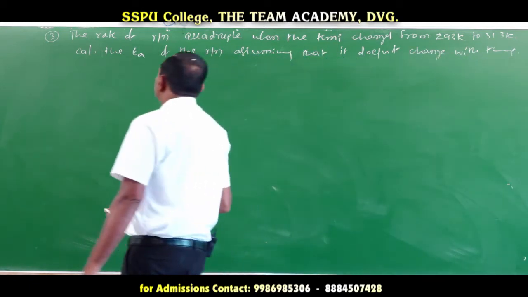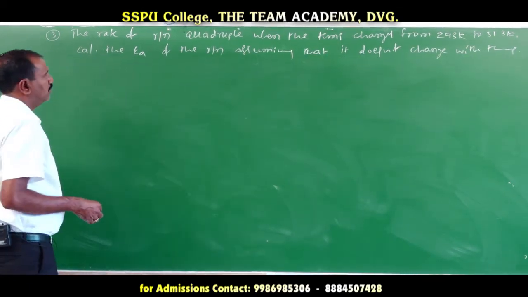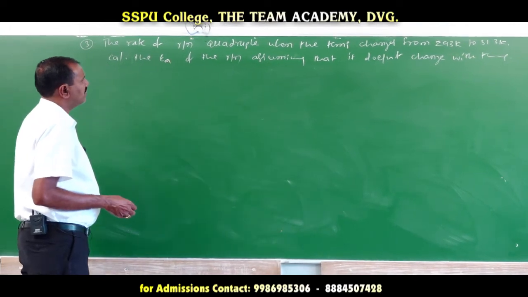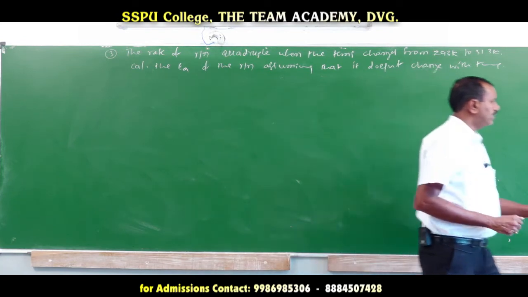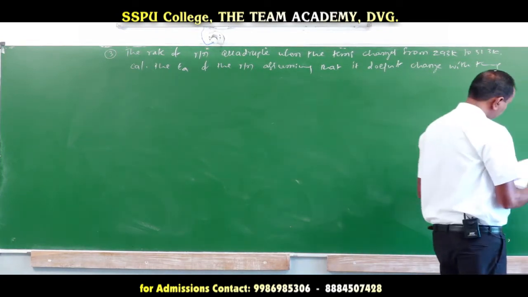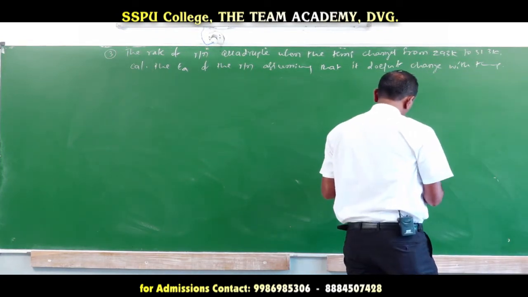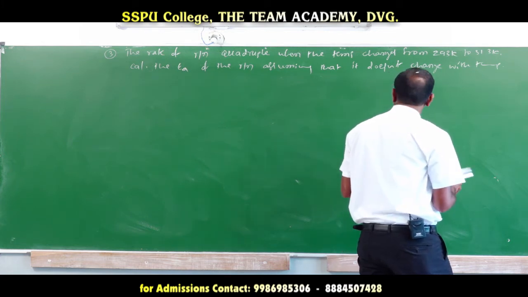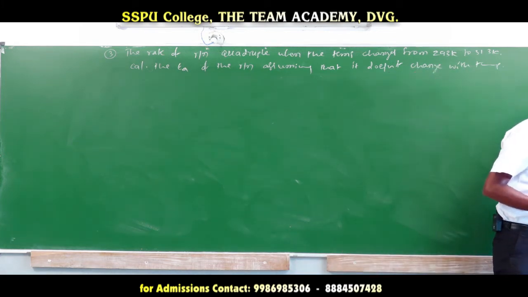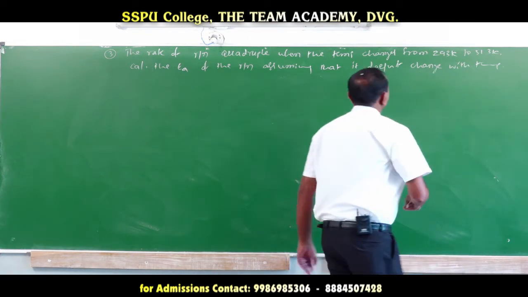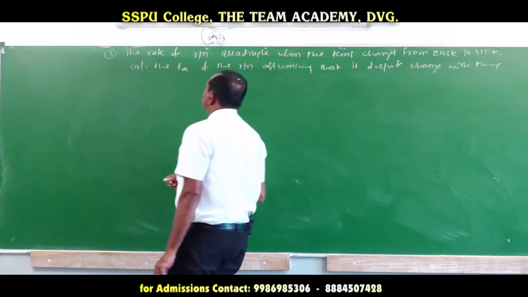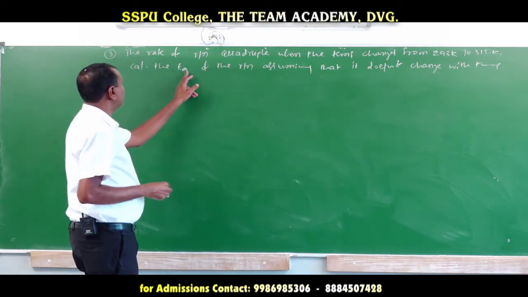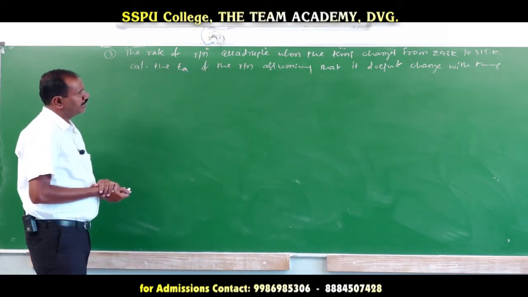So, the rate of reaction quadrupled when temperature changes from 293 Kelvin to 313 Kelvin. When we are increasing the temperature from 293 to 313 Kelvin, how to find out the value of EA?